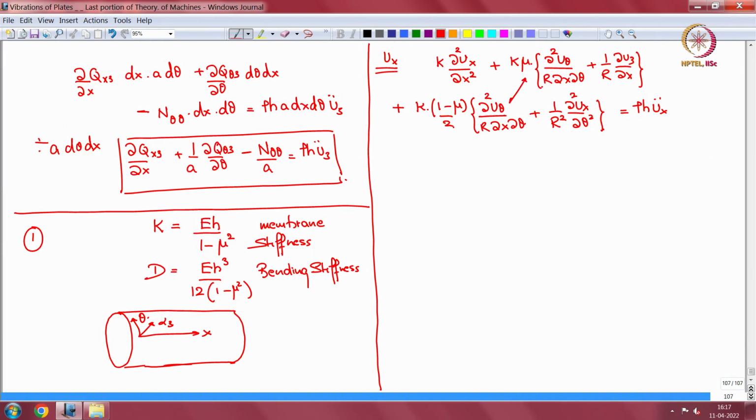Then in the u theta direction, what do you get? You get d. Okay, we'll stick with a for the radius.